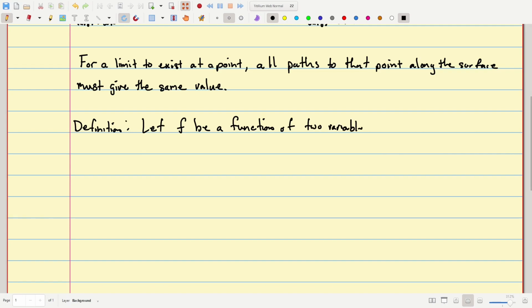This definition does not appreciably change if we go to higher dimensions, but we'll just state it specifically here for two variables so the equations are easier to write down.